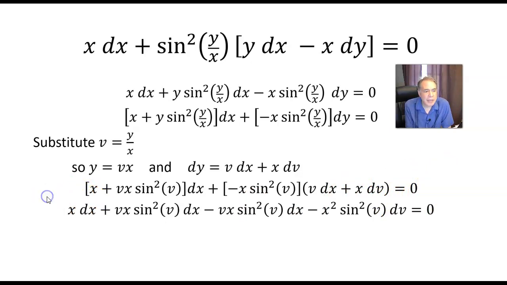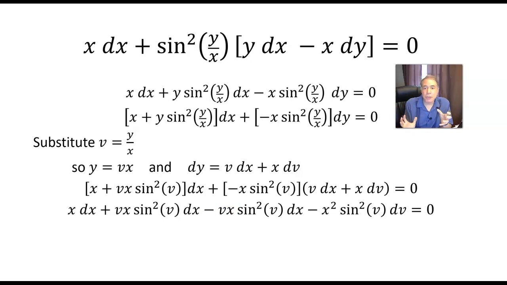Now multiplying things out, that gives us x dx plus vx sine squared v dx minus vx sine squared v dx minus x squared sine squared v dv equals 0. Now right away I can see one thing we can do that would simplify things quite a bit, and it is to take the plus vx sine squared v dx minus the same thing and just add them together and get 0.